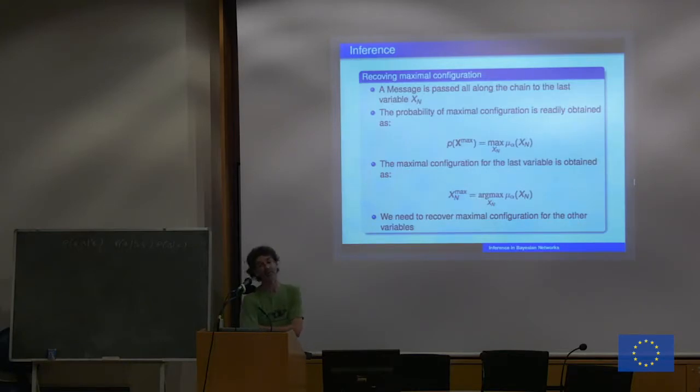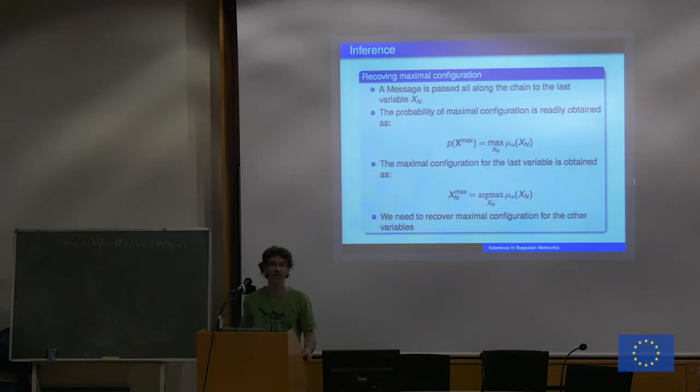But what about the other variables? You want to have the configuration for all the variables in the network, in order to have an entire maximal configuration. You know the probability now, you know the configuration for the last variable, what about the others? These messages that you send depend on the following variable, so you don't know the best configuration until you reach the end.